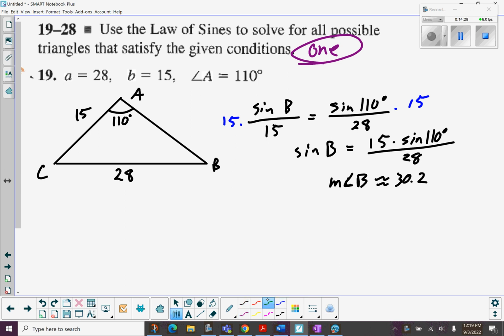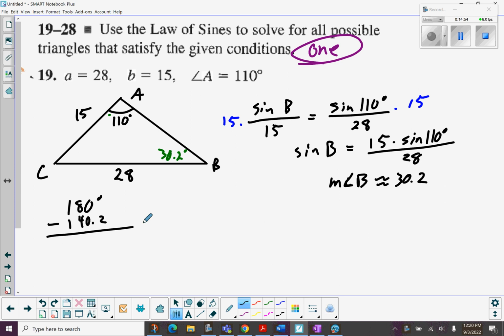So now if we're saying the measure of angle B is 30.2 degrees, now that we have 2 out of 3 of them, then we can find the measure of angle C. 110 plus 30.2, I believe, should be 140.2.